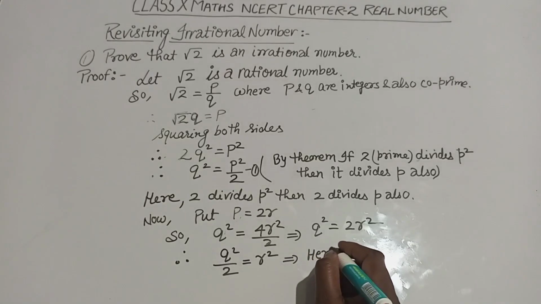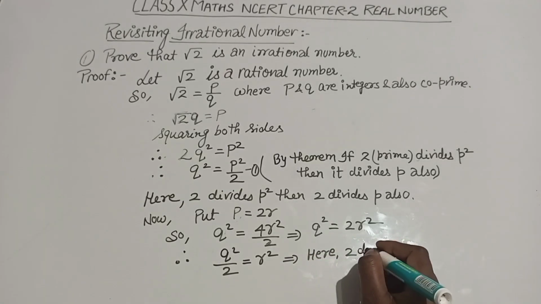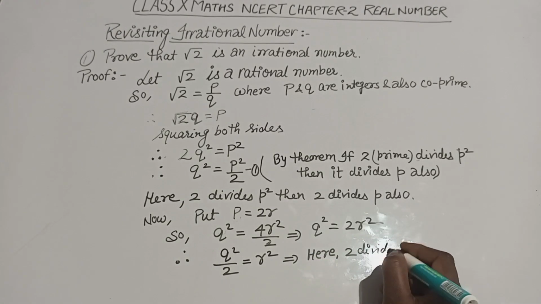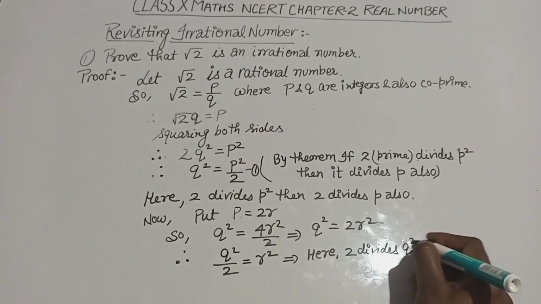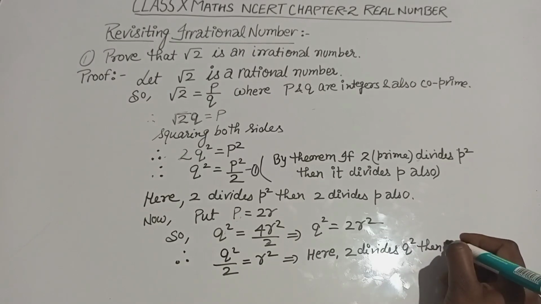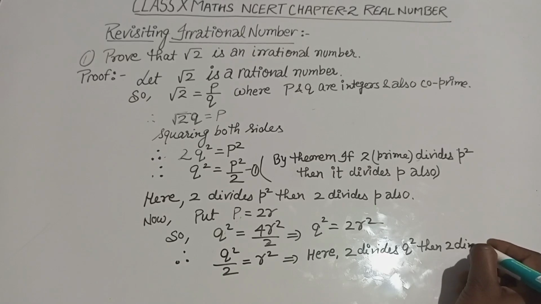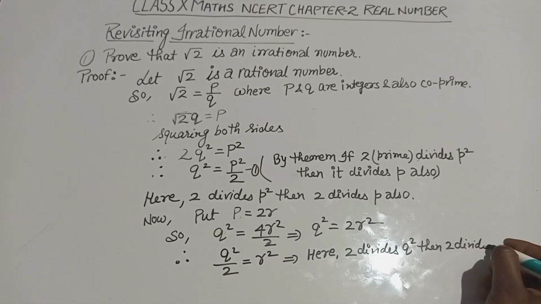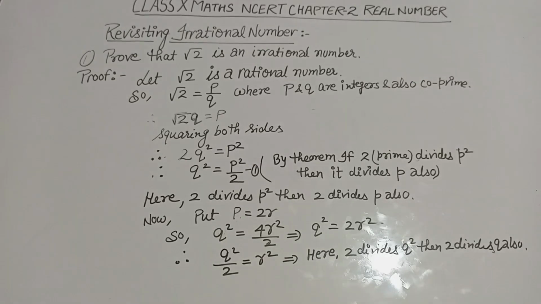Here 2 divides q square, then 2 divides q also. So now 2 divides q also, this is equation 2.